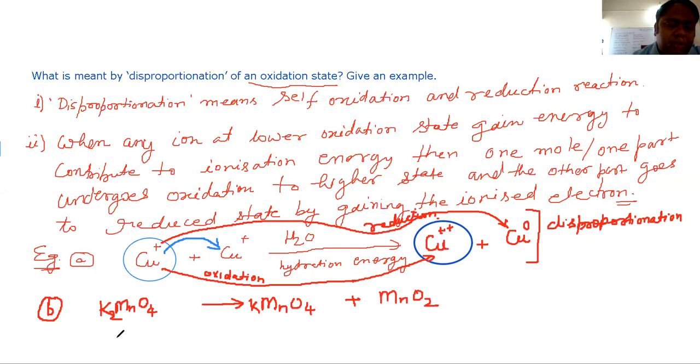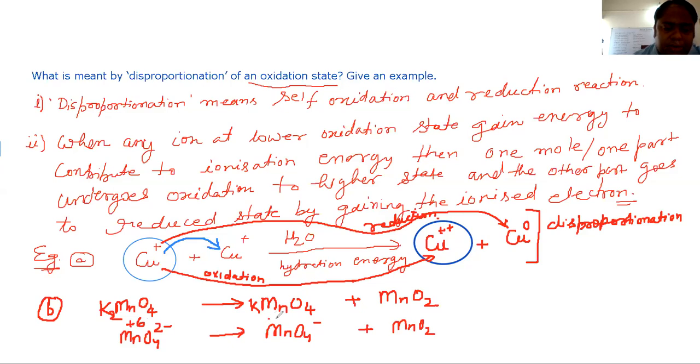Its ionic equation was like this: MnO4 2 minus was forming MnO4 1 minus plus MnO2 neutral. Oxidation state of this Mn was x minus 8 is equal to minus 2. So x is equal to 8 minus 2 equal to plus 6. This was plus 6.